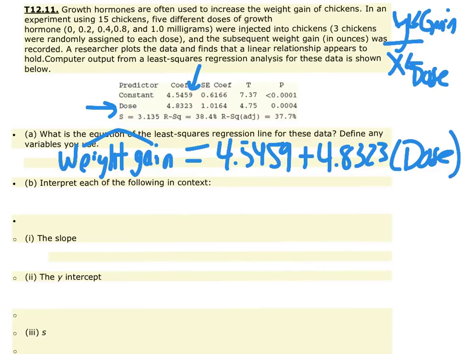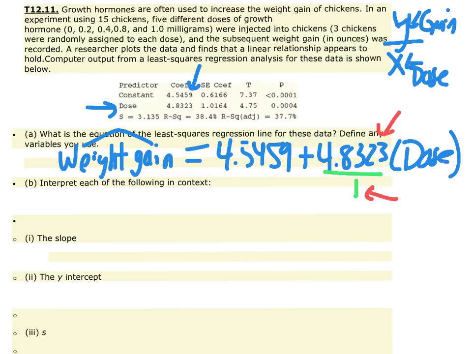So what I like to do is I just come in here and I make my slope look like a fraction so I can see rise over run, and I literally just talk about it in terms of that context. So I'm not going to write this down, but I'm going to say it. I would say for every 1 dose milligram of this, the weight gain is going to increase by 4.8323 ounces.